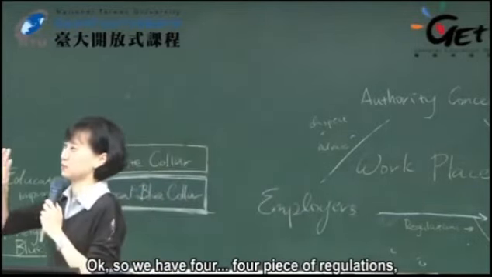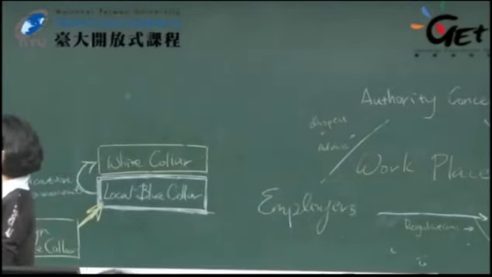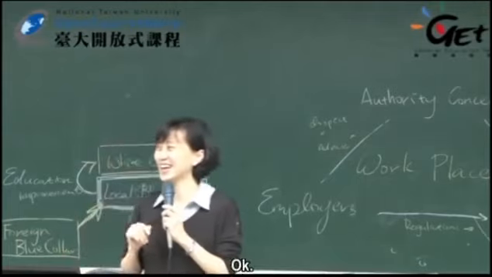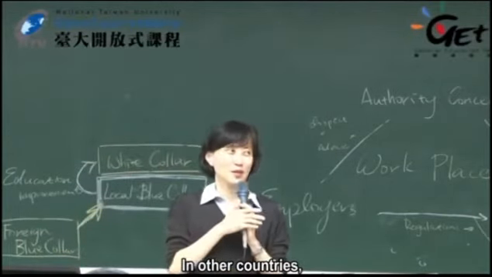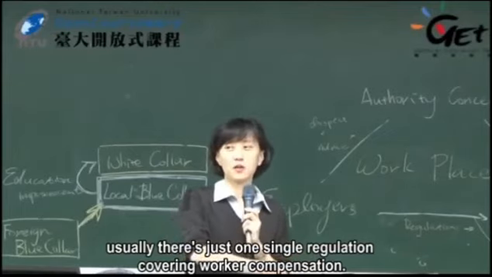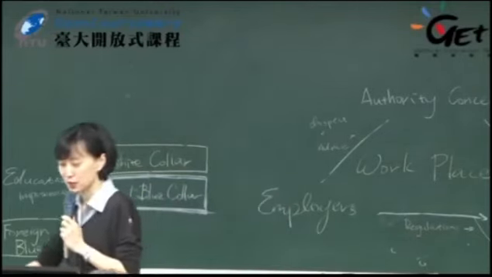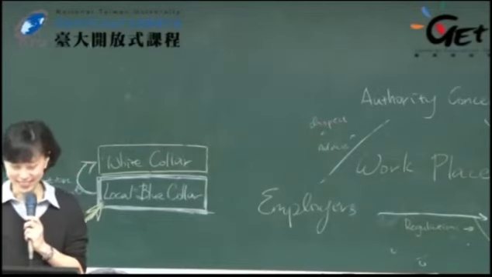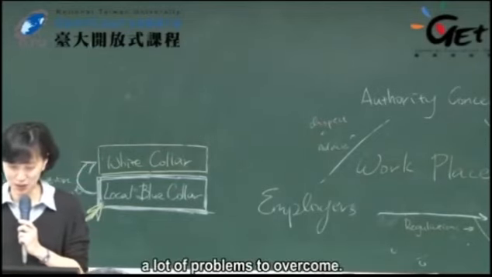Okay, so we have four pieces of regulations tackling this problem, and this is the big problem. In other countries, usually there's just one single regulation covering worker compensation. So we have been dealing with a lot of problems to overcome.